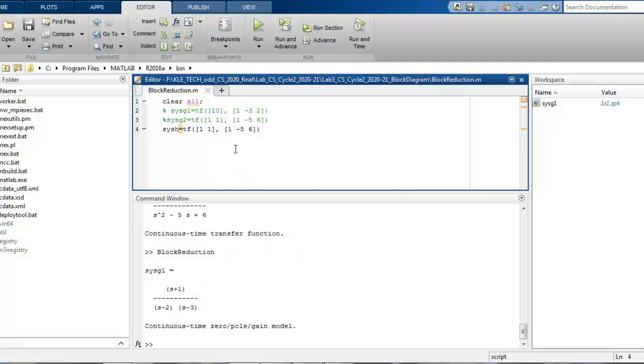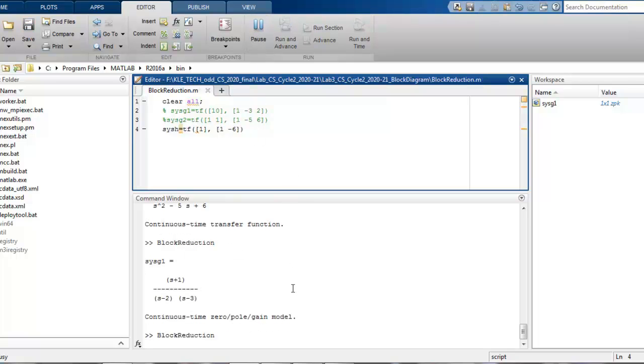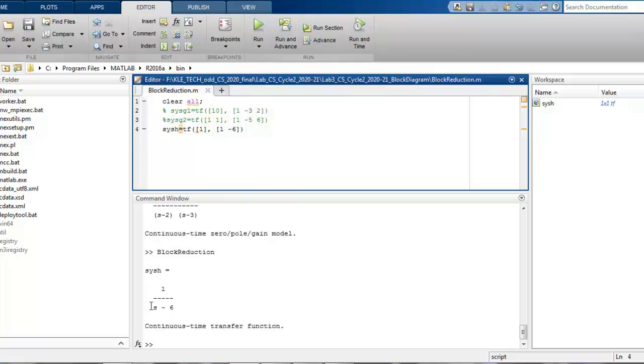Numerator is simply 1, denominator is 1, 0, minus 6. If you write simply 1 minus 6, you will go wrong. Let me show you that first. 1 minus 6, then you will get the transfer function as 1 by s minus 6, because the highest order is 1, next is minus 6.